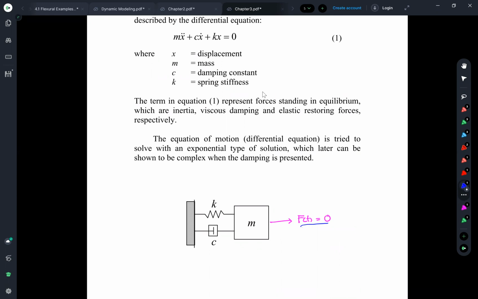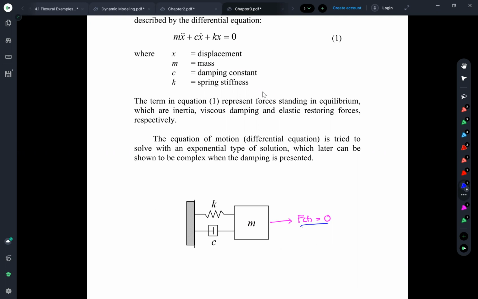For example, your system might be subject to an initial velocity. At time t equals 0, your system might have an initial velocity resulting from a certain impact force or some impact from another system, or even an initial displacement. At time t equal to 0, maybe your system already has some initial displacement of 2 centimeters, 3 centimeters.